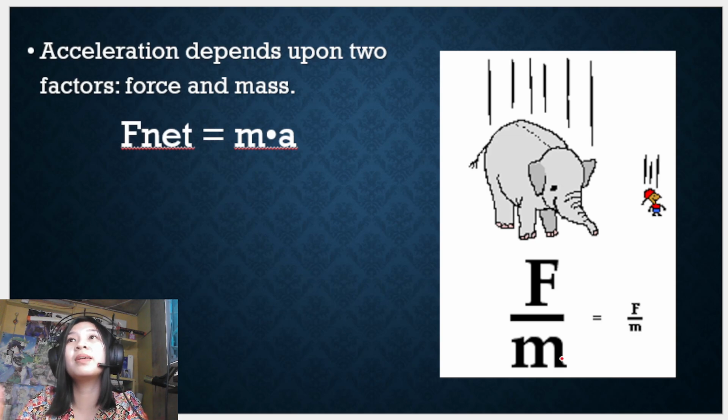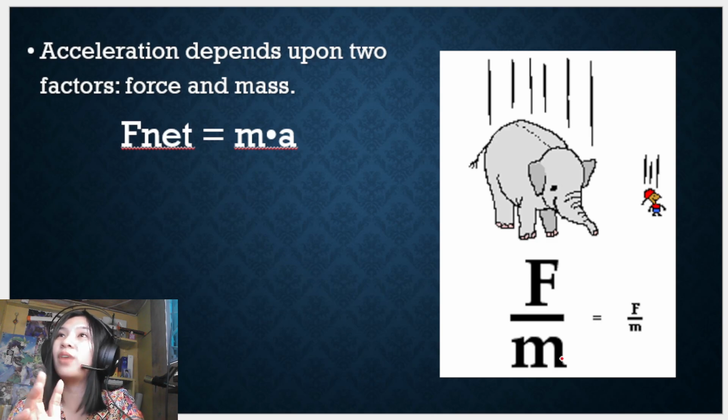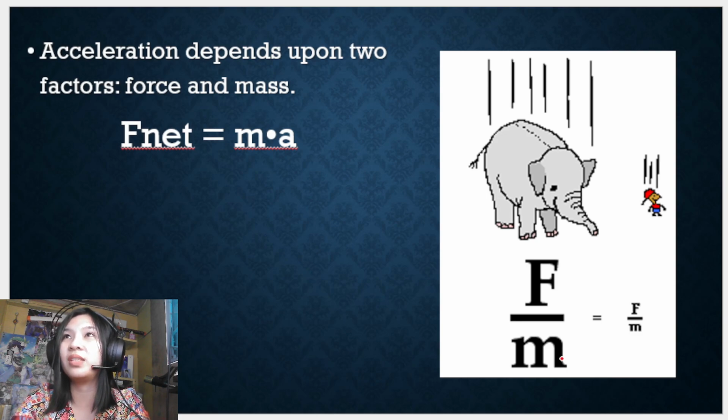Okay. So remember that in free fall, we only have the influence of gravity. So the only thing that can affect your free falling object is the force of gravity itself. Okay?